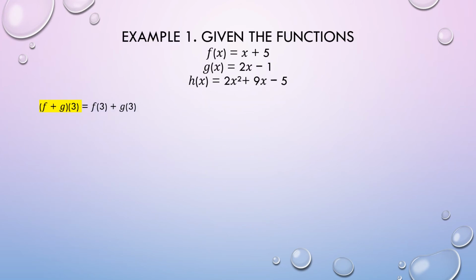Okay, so we go to a combination of evaluation. We have here f plus g. As you can see, this is addition. This time we're going to use the value of x, which is 3, and the same with function g, we're going to use 3.